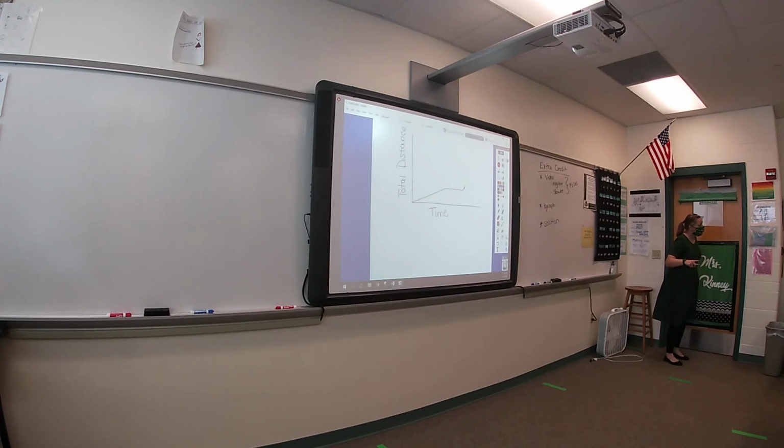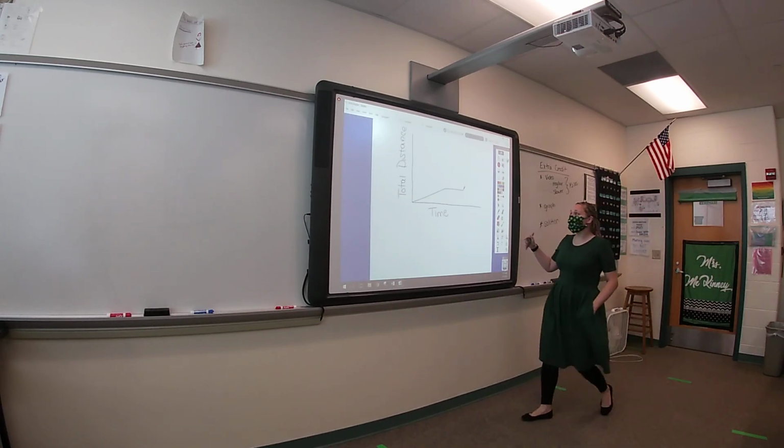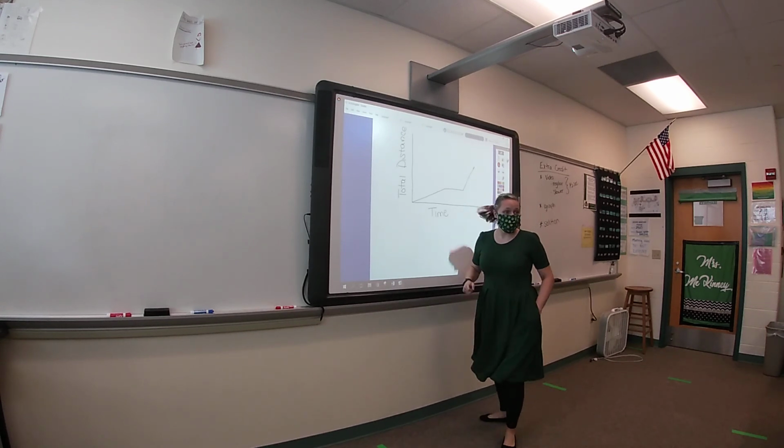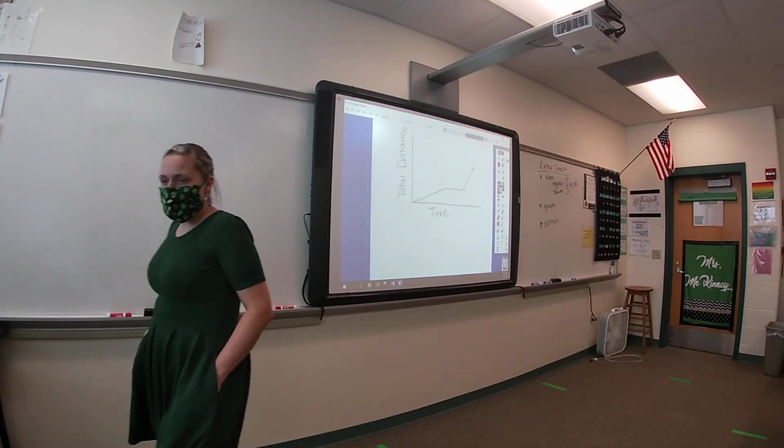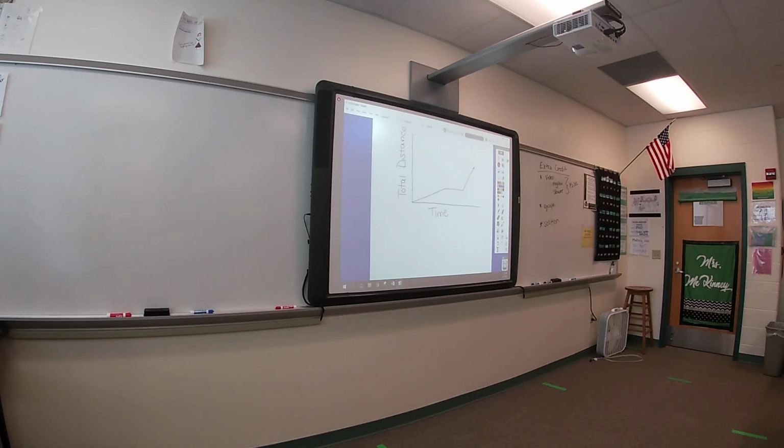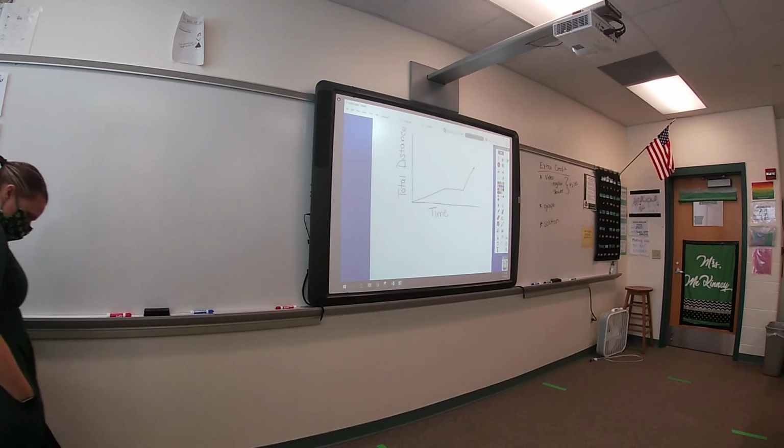Now I'm doing it faster, so my line is going to be steeper, but what way does it need to go? Up. Yes, Davian? That doesn't make sense if you're doing the total distance by time.